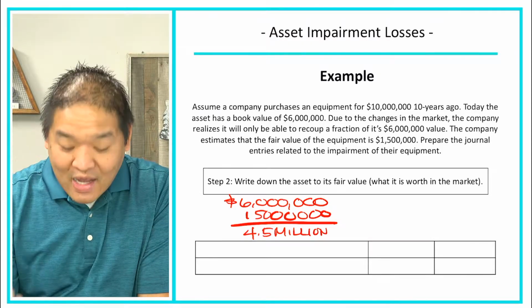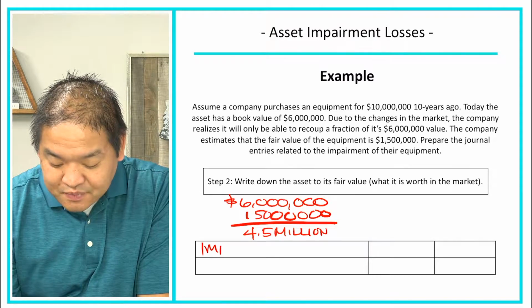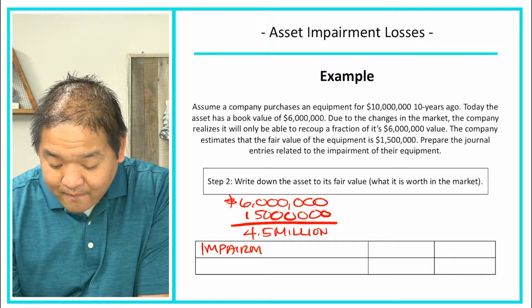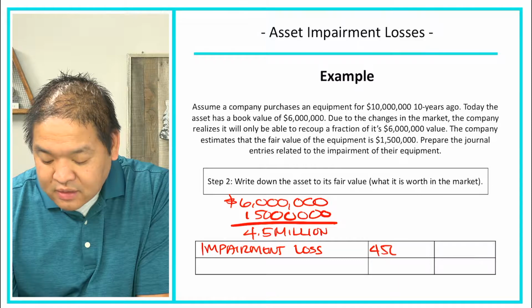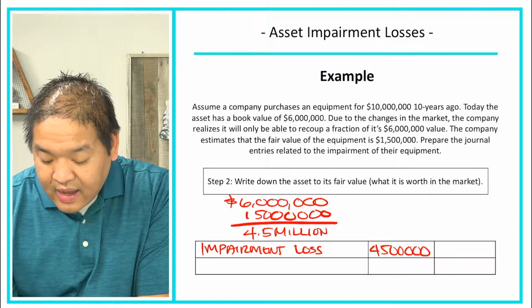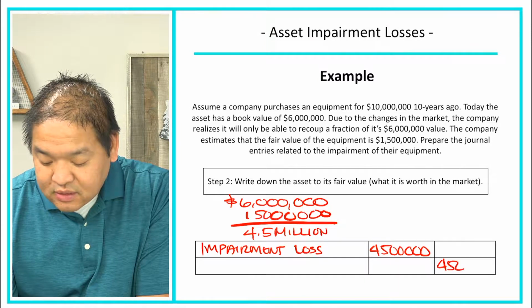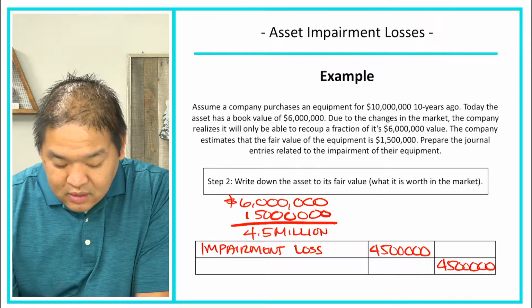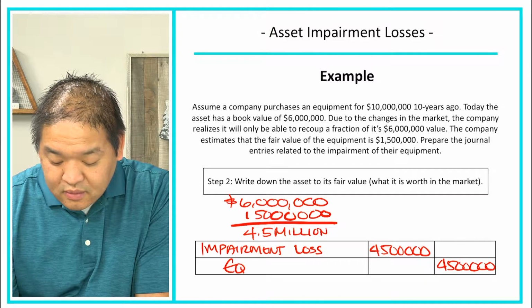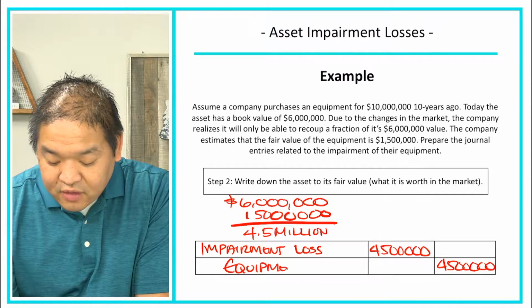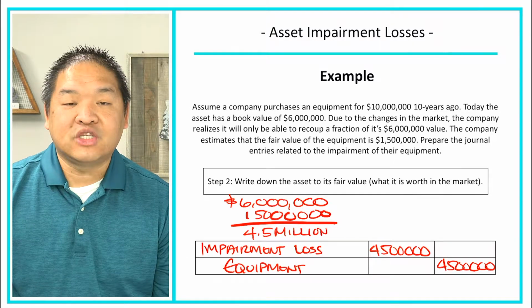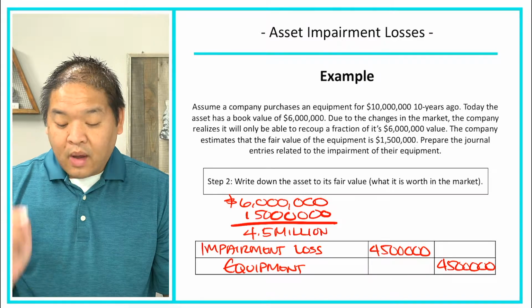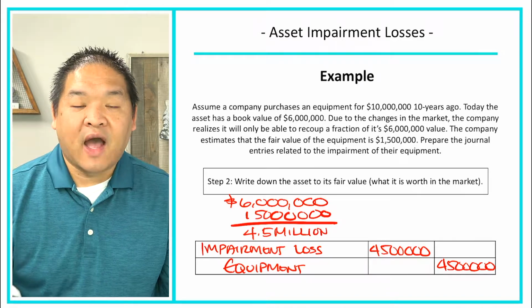So we're going to debit impairment loss for $4.5 million. And we're going to credit equipment, writing it down even further to $1.5 million. So now our equipment's on our books for $1.5 million, which is the fair value of that asset.